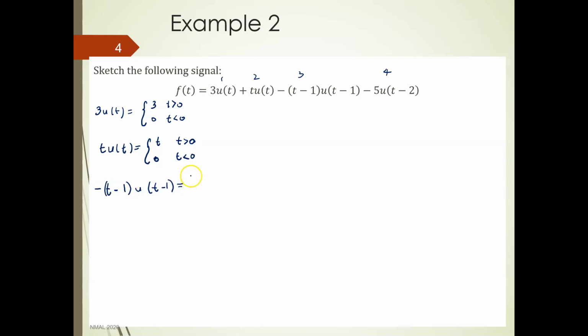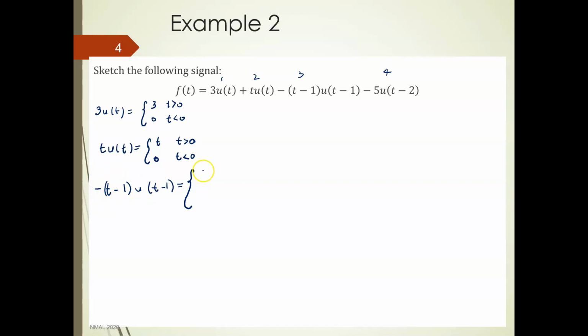This one is a bit tricky. Basically it has to be equal to whatever you multiply with the unit step function, because a ramp function is actually a time function multiplied by the unit step function. So you put back whatever is before the u.